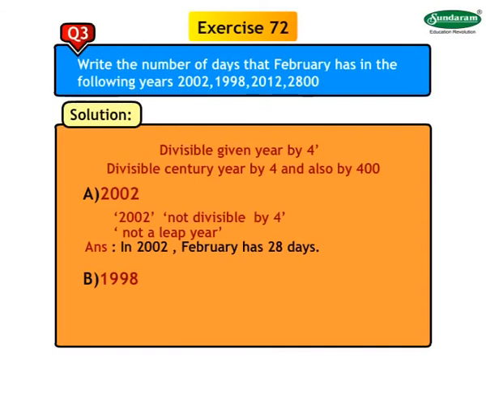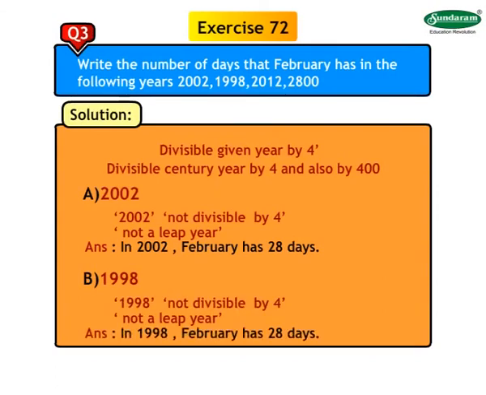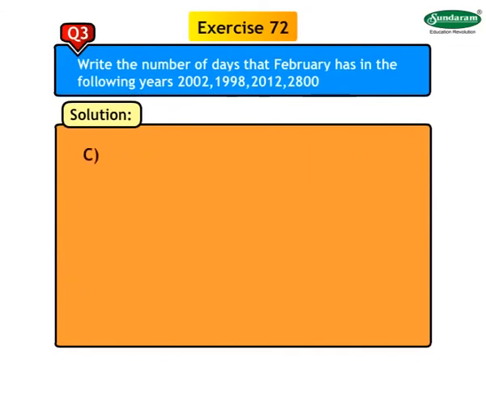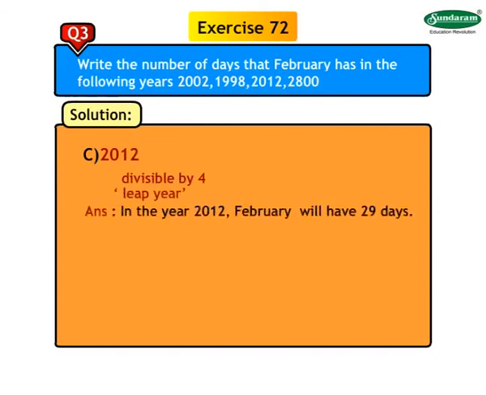Hence, 1998 is not a leap year. Hence, in the year 1998, February has 28 days. C. 2012 is divisible by 4. Hence, it is a leap year. Hence, in the year 2012, February will have 29 days.